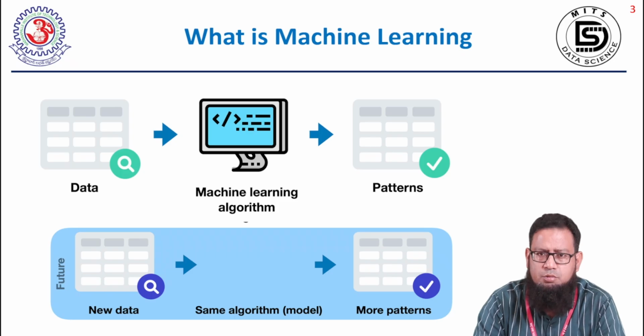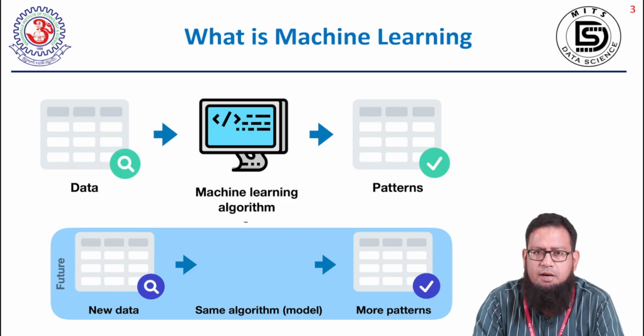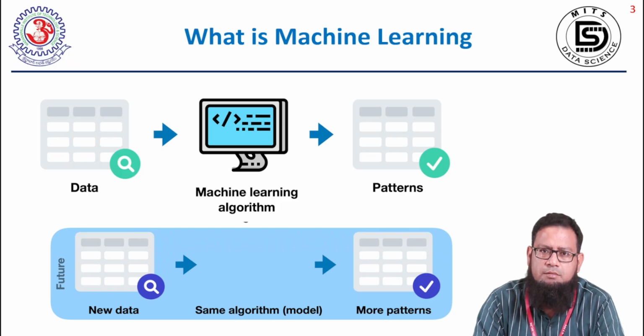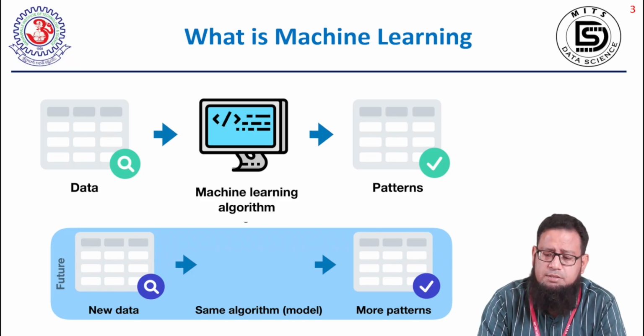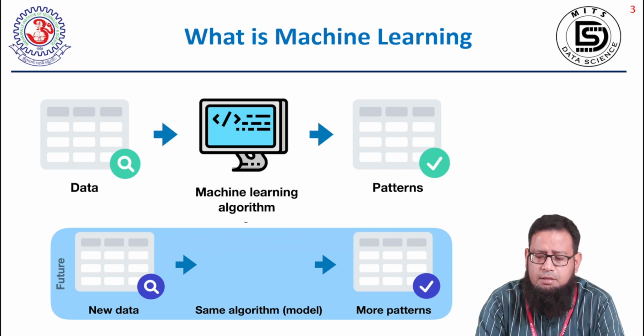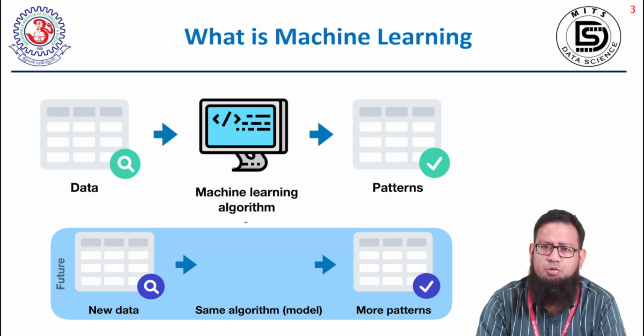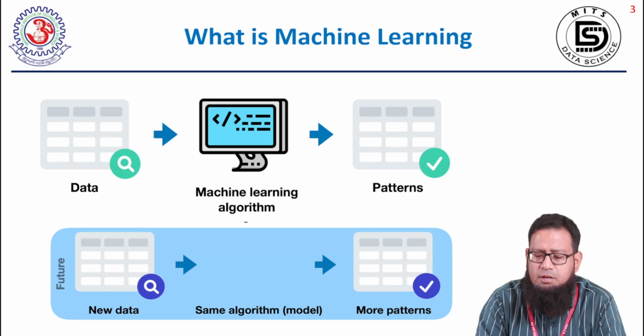For example, you can see in the slide that you have data and you are providing it to the machine learning algorithm. The algorithm finds the relationship of the features inside the data and finds the pattern of the data. Once it knows the pattern, if you give any new data to the model, or we can say the algorithm, it will understand and give you the output.